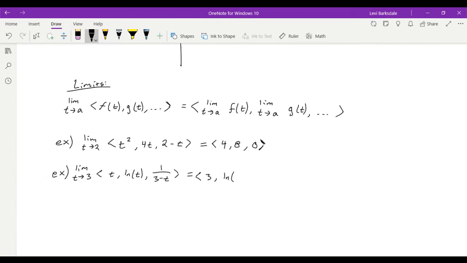Then we'd have the natural log of 3. And lastly, we would have the limit as t approaches 3 of 1 over 3 minus t. But this final limit does not exist. And if one of these component limits does not exist, we have to say that the limit of the whole vector-valued function does not exist.